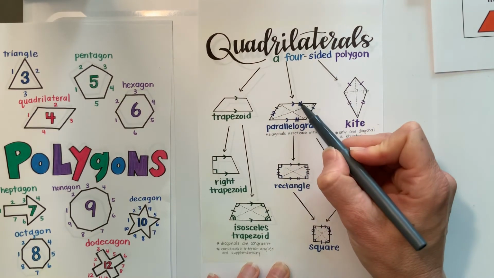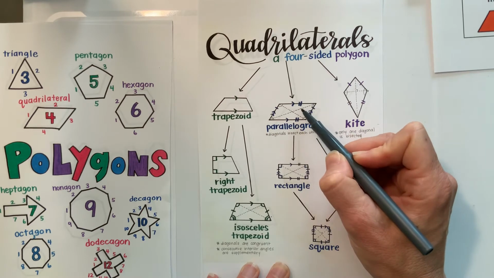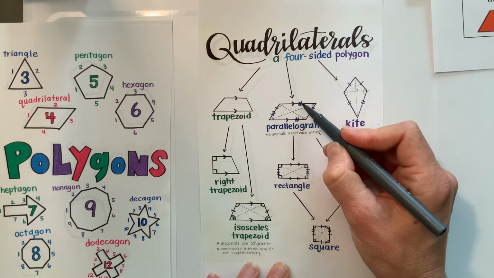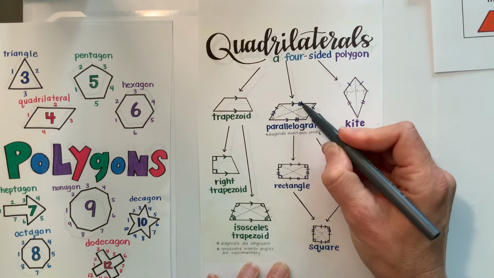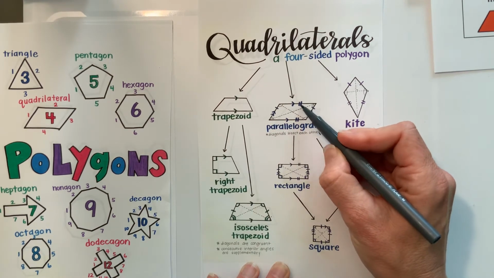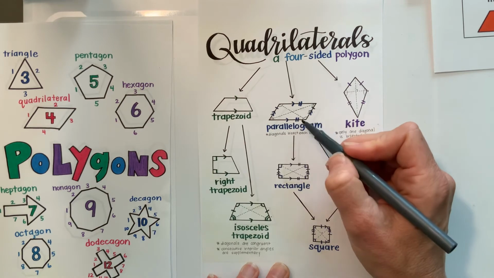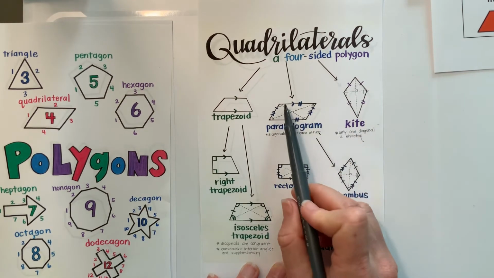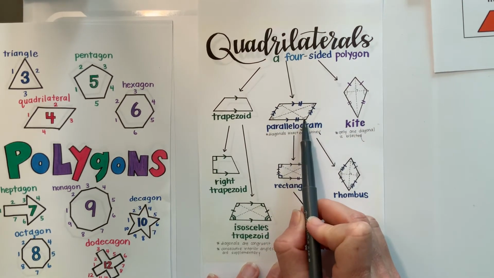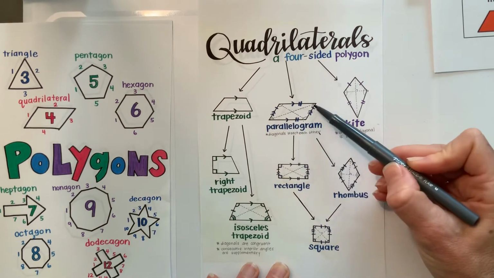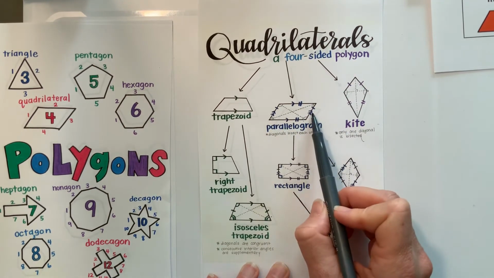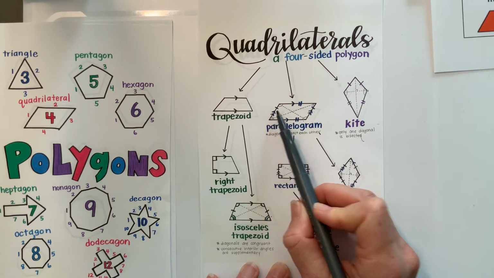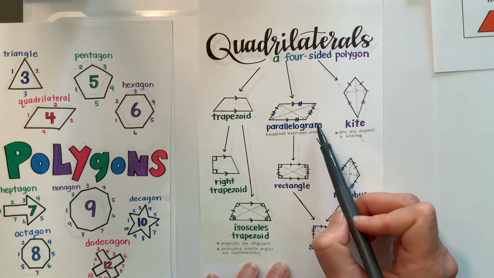Now, the one within the lines, like this, that means that these lines have the same length. So any line on this shape where I give it two little notches, that means it's the same length. So in a parallelogram, opposite sides are parallel and equal. And then these opposite sides are parallel and equal. So then I can show that they're parallel by doing the double arrow, and that matches with that little double arrow symbol.